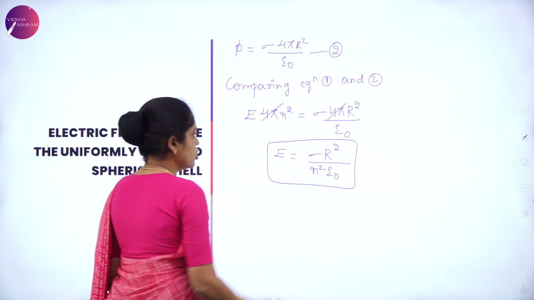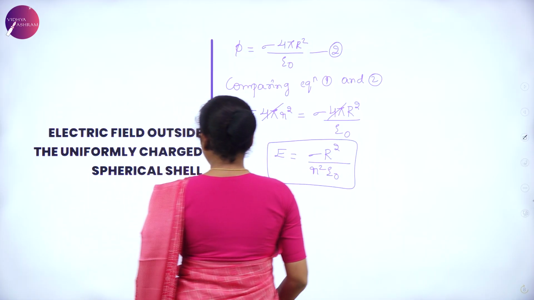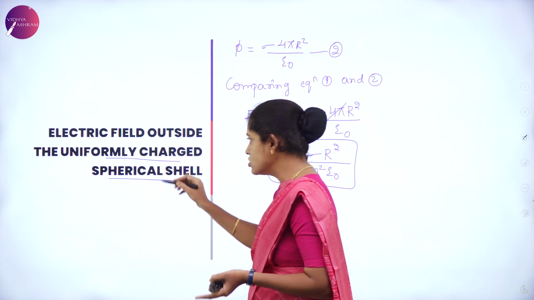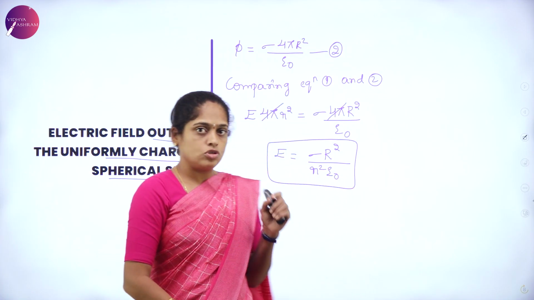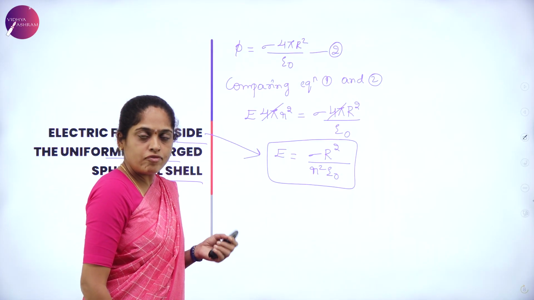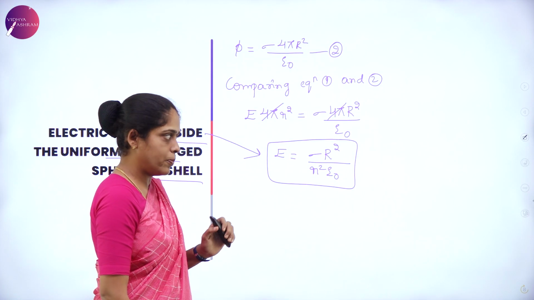So this is the expression for the electric field due to a uniformly charged spherical shell outside the spherical shell. This is very important. This is the expression for a point which lies outside the spherical shell.